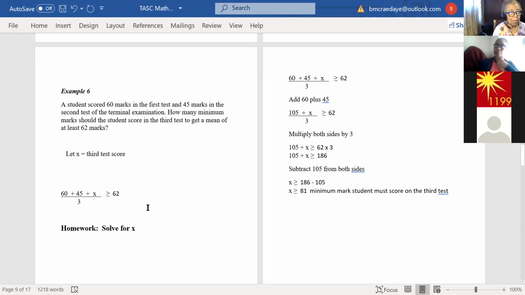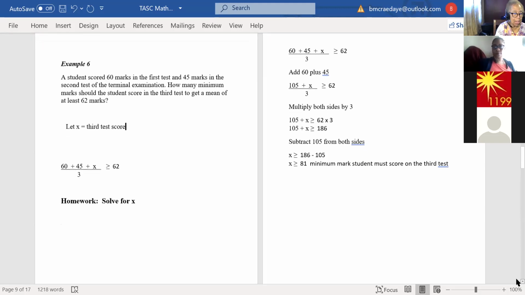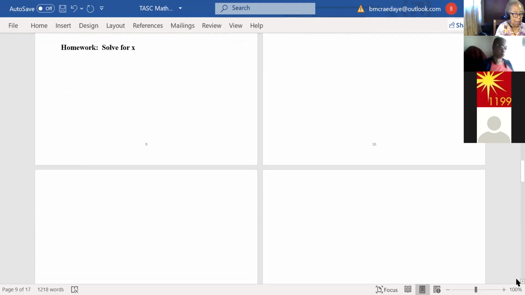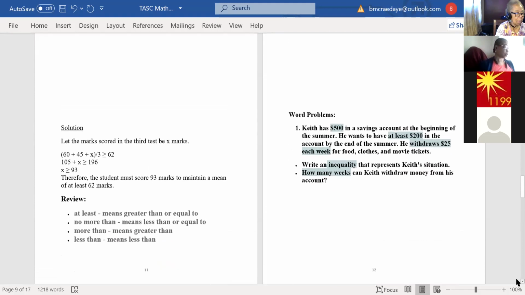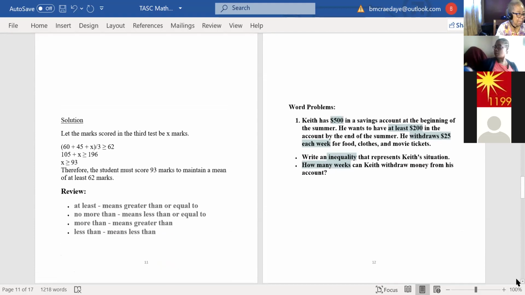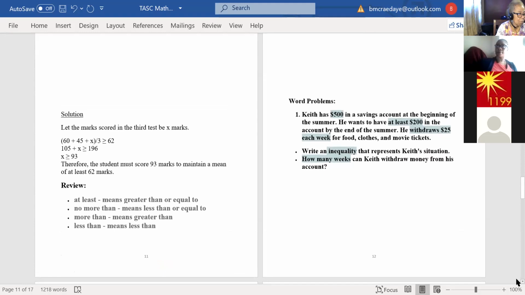Now let's continue with our inequalities, because that's an integral part of our algebra. This should be 86, sorry.